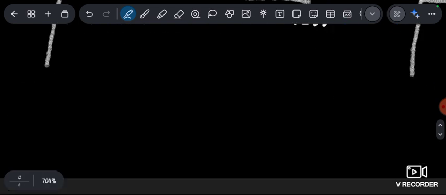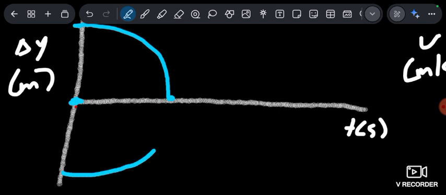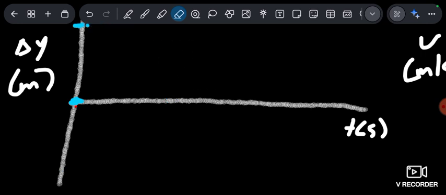But that also would be the same if we chose another direction as positive. So if we chose up as positive and down would be negative, you do the same thing over here, right? The displacement would increase towards the 0 reference point, which would be the ground.